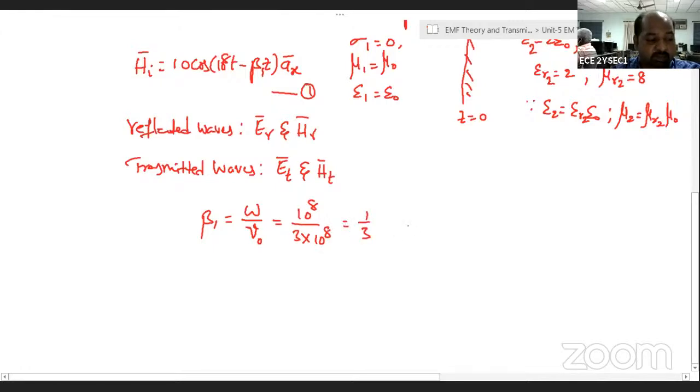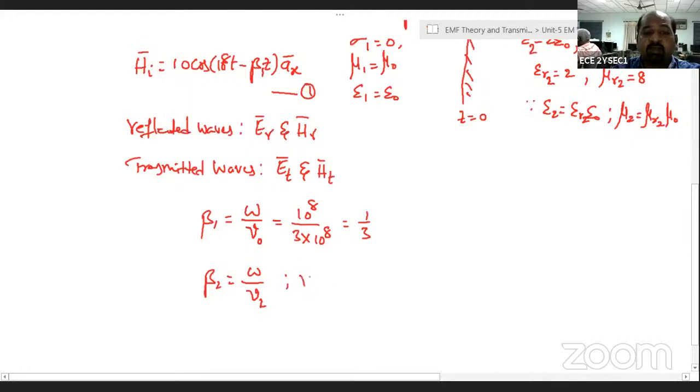And beta 2 we can also determine as omega by v2. It is not v naught, because region 1 is free space, whereas region 2 is not free space. Beta 2 is equal to omega by v2.